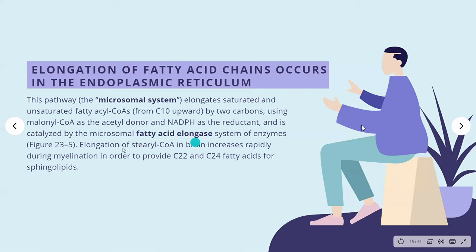Now, elongation of stearoyl CoA, this is 18 carbon, in the brain increases rapidly during myelination in order to provide fatty acids with 22 carbons up to 24 carbons for sphingolipids, which are required in the myelin sheath of your nerve fibers.